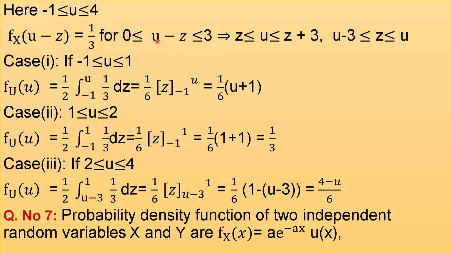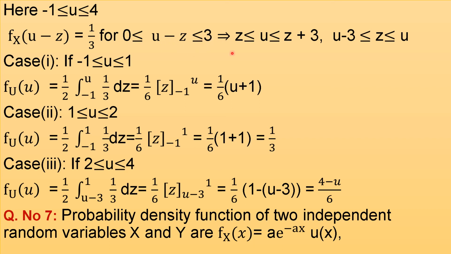That means u should be greater than or equal to z and it should be less than or equal to z plus 3. Or u minus z is greater than or equal to 0 means z must be less than or equal to u, and u minus z is less than or equal to 3 means z must be greater than or equal to u minus 3.